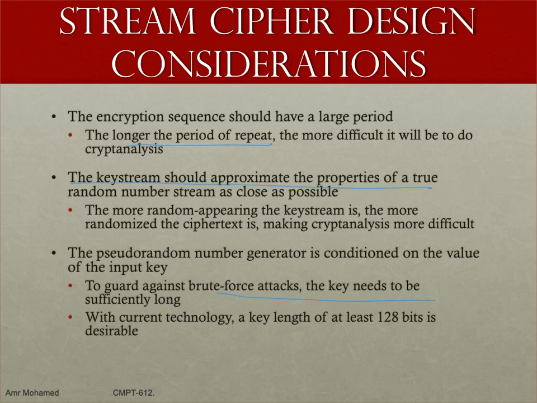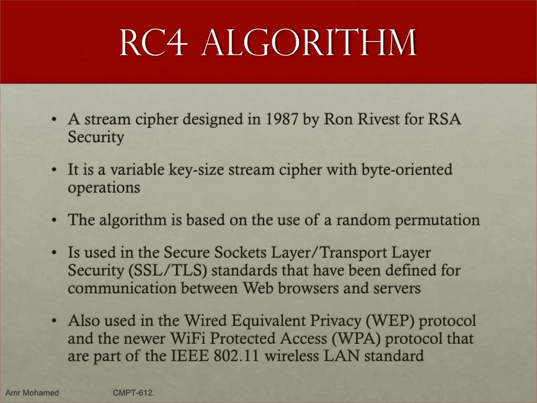With the current technology, the typical key size is 128, which is equal to the AES key size, and it's longer compared to this. So this is the standard stream cipher recommended by NIST. It's called RC4.